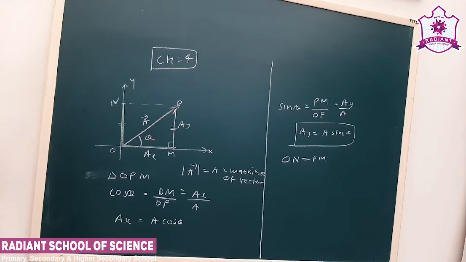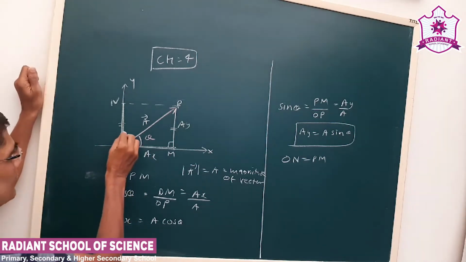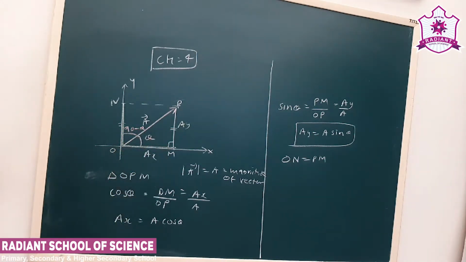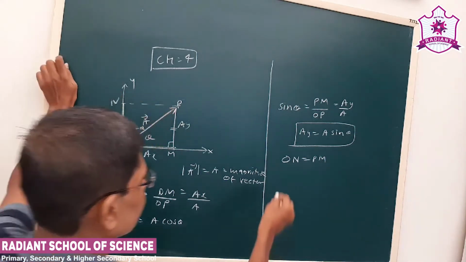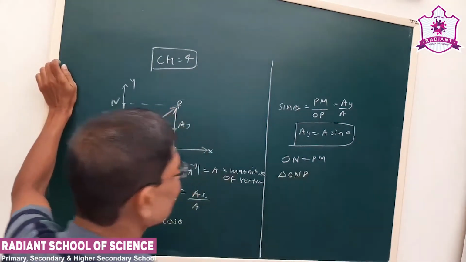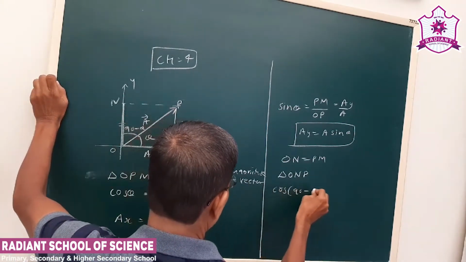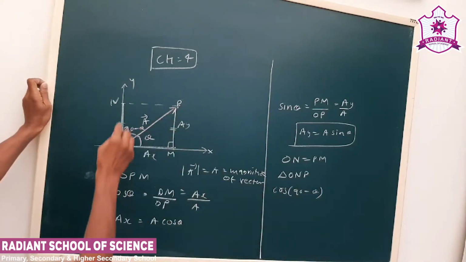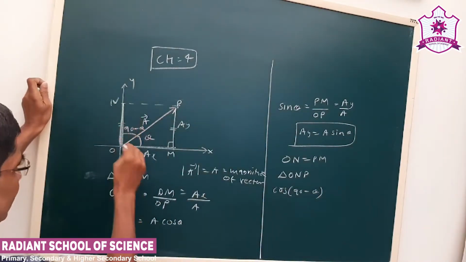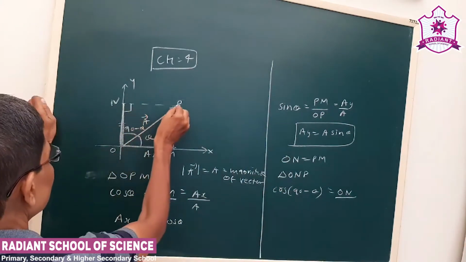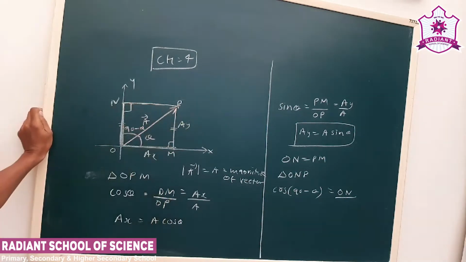If this angle is theta, this will be the complementary angle. You can see this is 90 minus theta. Now let us say we talk of triangle ONP. See, cos 90 minus theta is adjacent, that is ON, and this is again a projection. PN is a projection on y-axis, a perpendicular on y-axis.